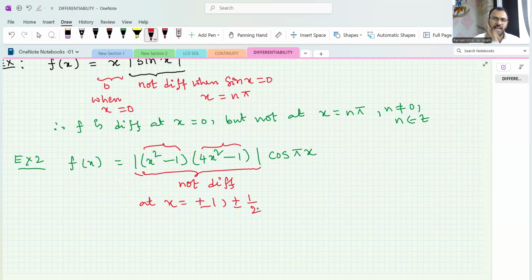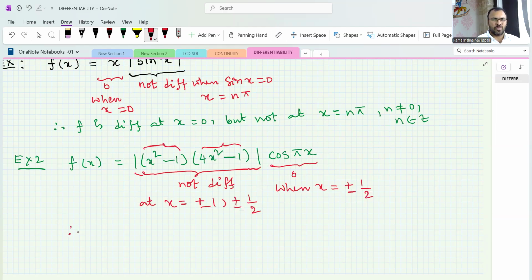Now we have to check whether at those points this function is becoming 0 or not. This is 0 when x equal to plus or minus 1 by 2. So therefore, at those points, f is differentiable. At the remaining points, f is not differentiable at all.